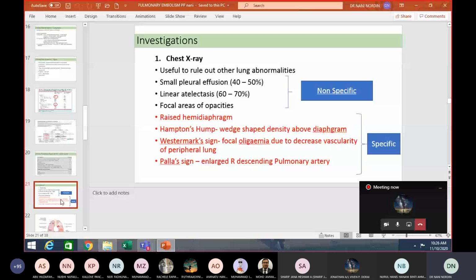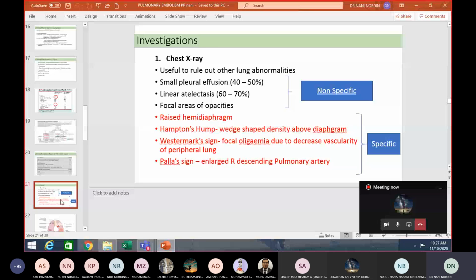So it is more useful to rule out other causes of the dyspnea the patient is presenting with. If it's just pulmonary embolism, most likely you won't see anything.